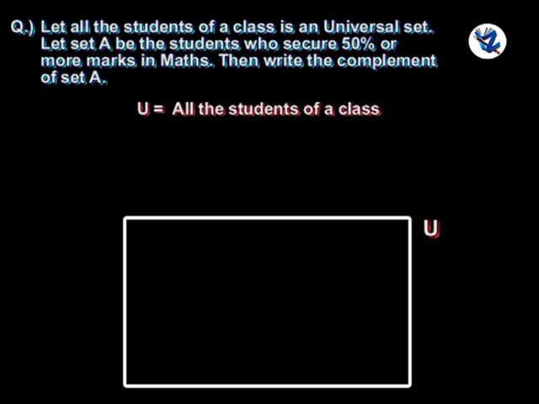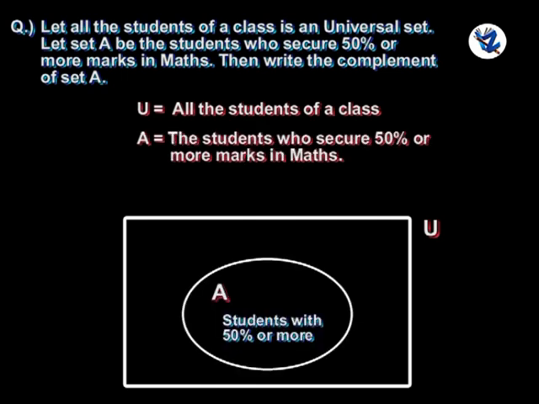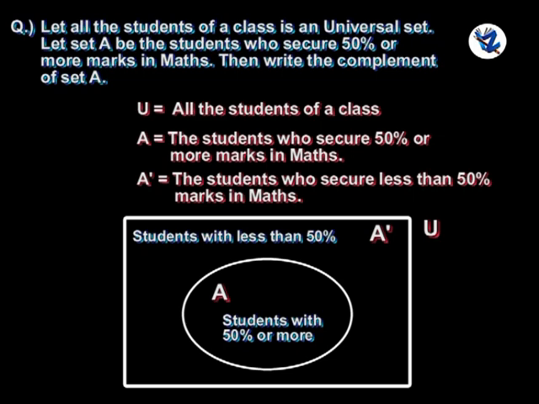That means out of 125 students, 120 students either drink tea or coffee or both, and therefore the number of students who do not drink tea or coffee is equal to NU minus N of A union B is equal to 125 minus 120 is equal to 5, and therefore the number of students who do not drink tea or coffee is equal to 5.